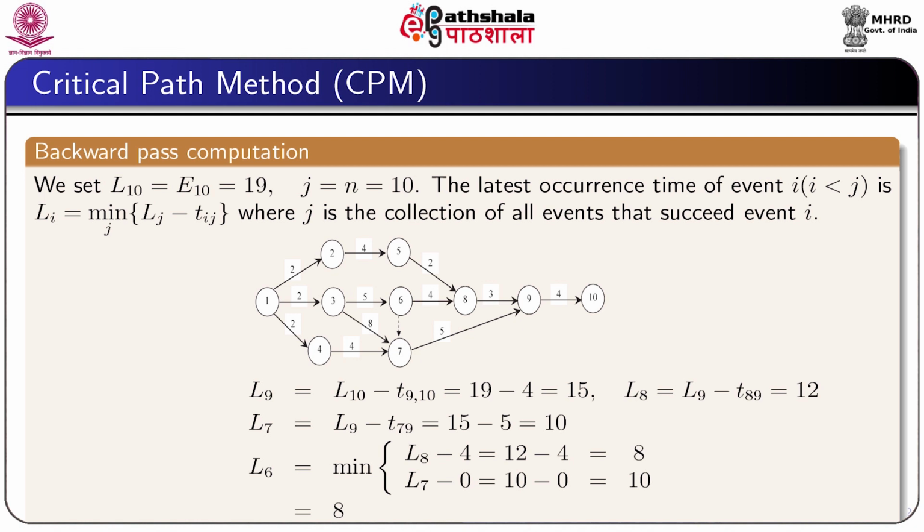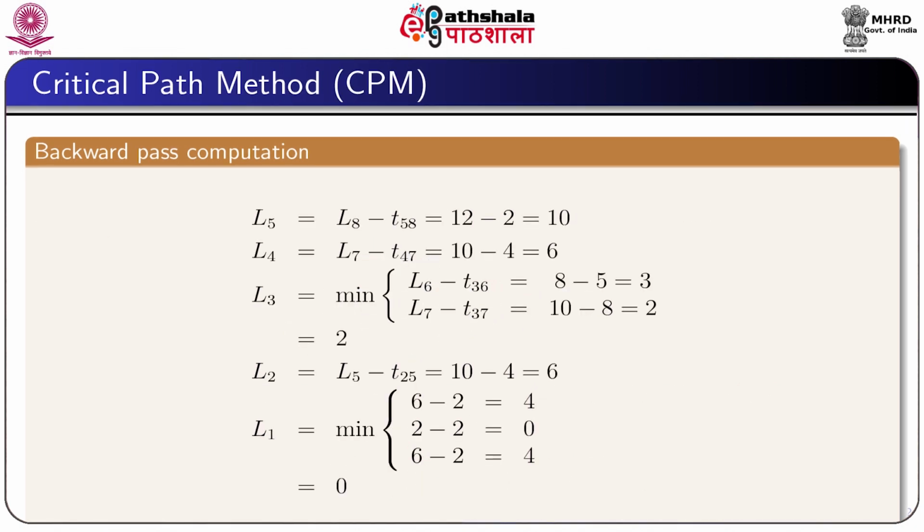Therefore, L6 equal to 8. We then find L5 and L4, which are 10 and 6 respectively, and then we calculate L3, L2 and L1, which are 2 and 6 and 0 respectively.